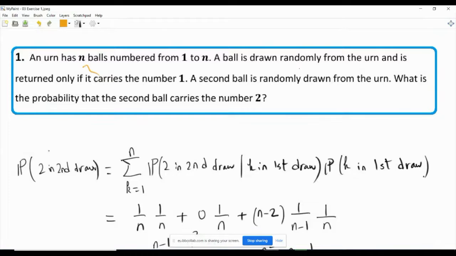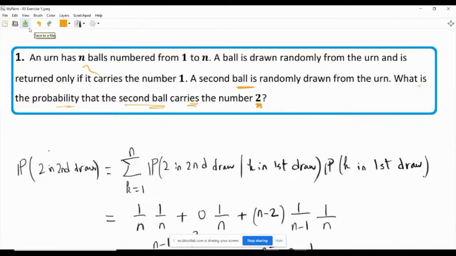If this number is 1, then you return the ball, put it back. If it's any other number, you just throw it away, and then you draw a second ball. The question is, what is the probability that the second ball carries the number 2?